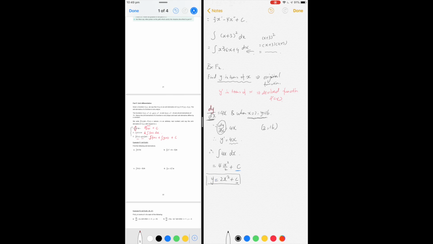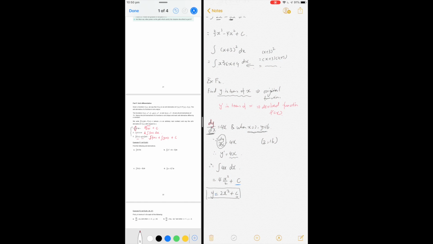So because (2, 16) is on the original function, you can substitute: 16 is equal to 2 times 2 squared plus c.